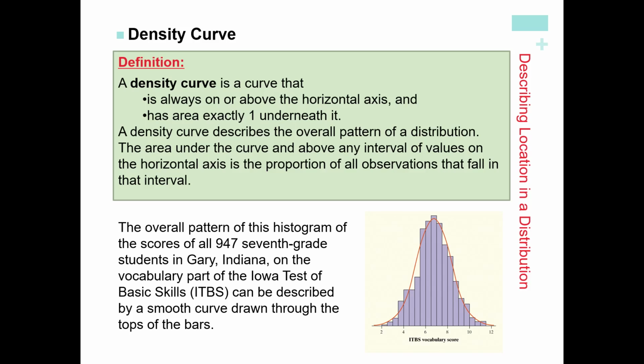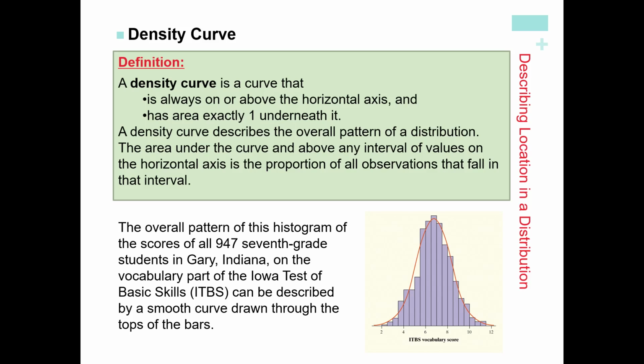So let's take a look at an example. The overall pattern of this histogram of the scores of all 947 7th grade students in Gary, Indiana on the vocab part of the Iowa Test of Basic Skills can be described by a smooth curve, and you'll notice that highlighted in red, drawn through the tops of the bars as close as we can.